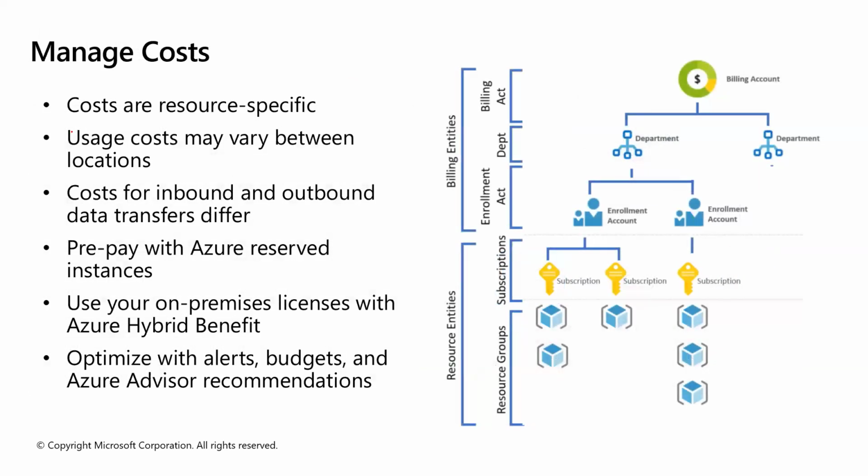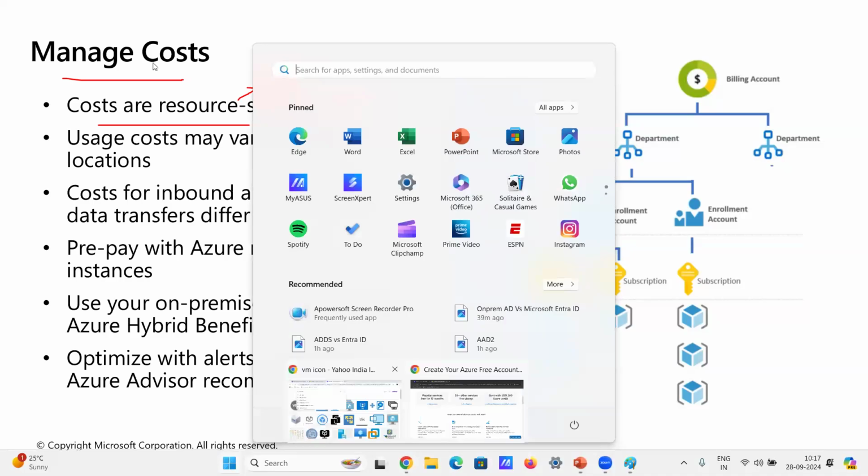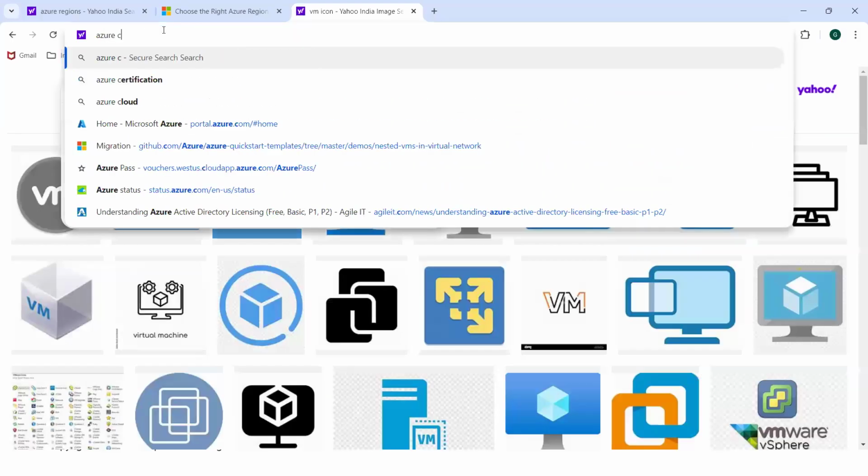Now, when it comes to costing, where will I pay the cost and how can I optimize it? Costs are resource specific. One resource will be in East US, one resource will be in West US, and you have to check that specifically. To check this, I will use something called the Azure calculator.